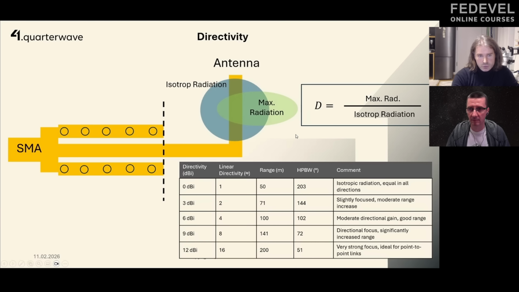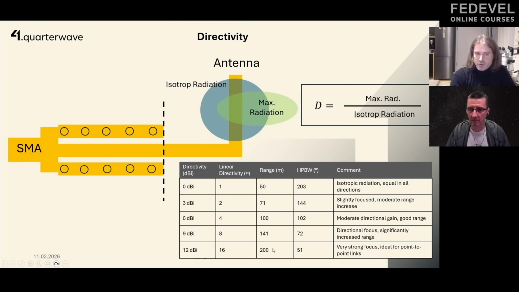And to understand it, I also have a table here. If you have an antenna with a directivity of 0 dBi, this means you have a more or less omnidirectional antenna. And if you increase the directivity, the half power beamwidth, so the beam, gets smaller, and the directivity increases.